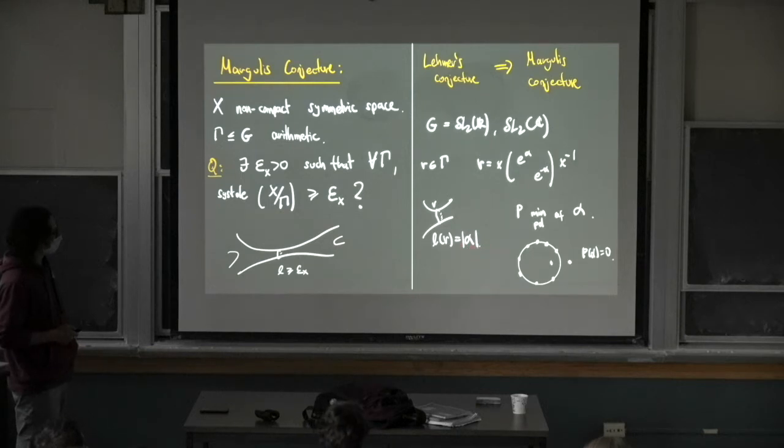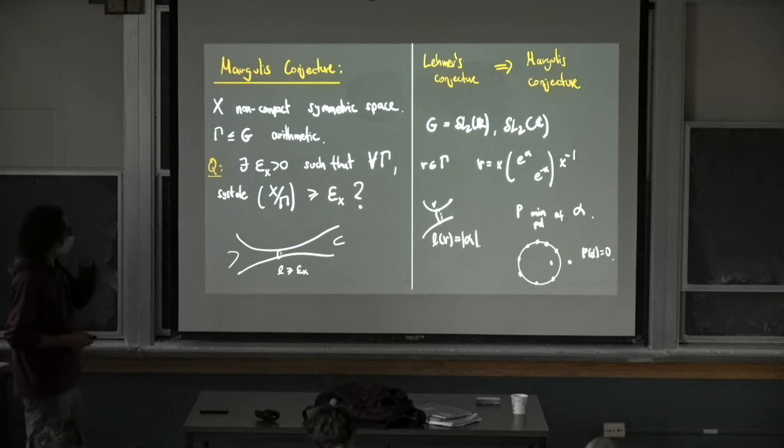And so for the minimal polynomial of this number alpha, when you apply Lehmer's conjecture, you get that the length has to be bigger than this constant.